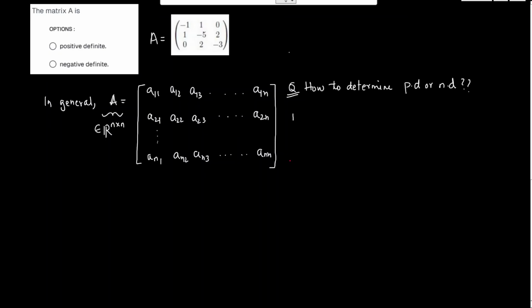So step one is that you have to look at the leading diagonal entry, right? A11. So also let's first discuss how to determine if this is positive definite, and then we will discuss the case of negative definiteness.